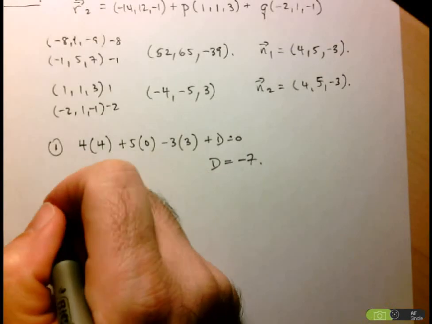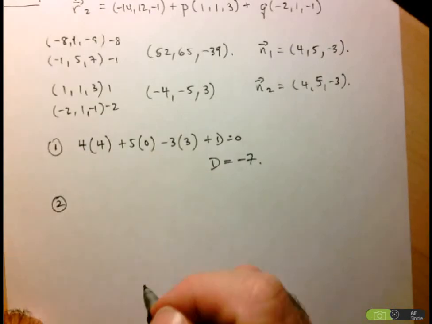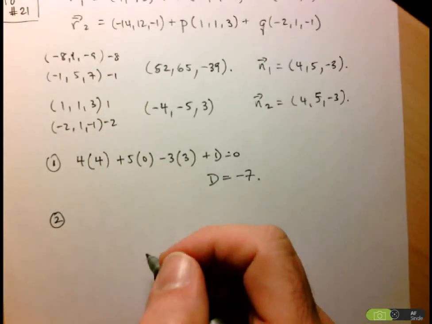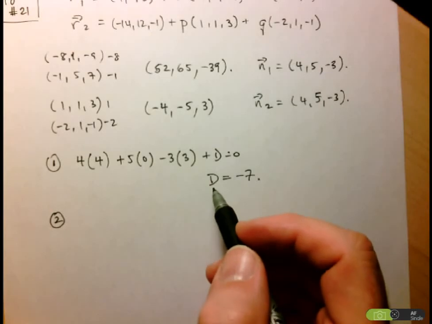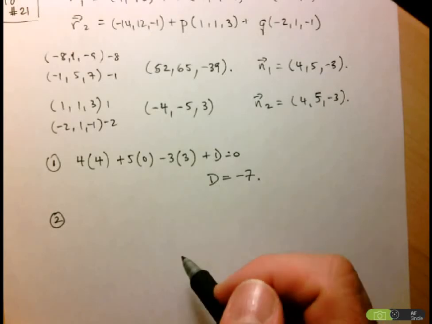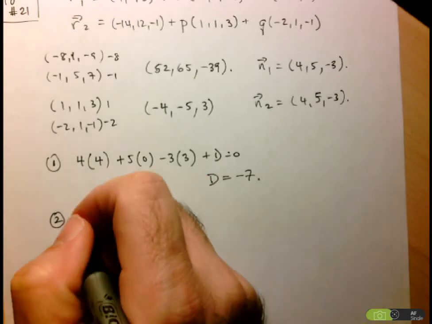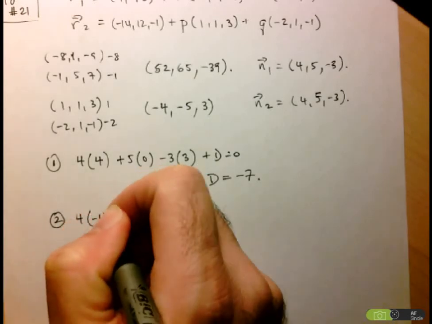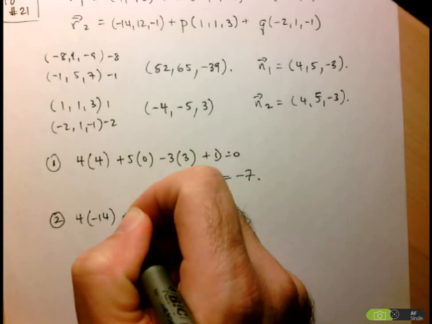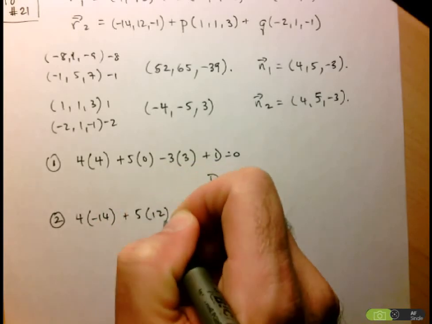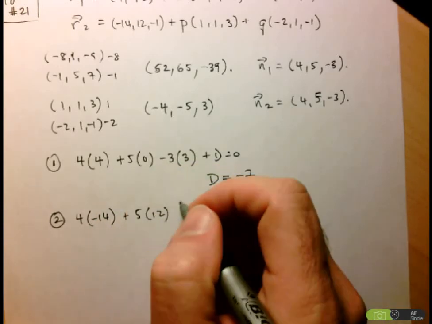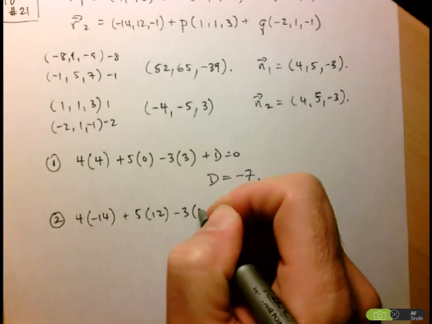Now we'll find the d value for the second plane. Since we use the same normal vector, if the d value is the same, we know they'll be coincident, and if the d value is different from -7, they'll be distinct. So here we'll take 4 times -14 plus 5 times 12, and then minus 3 times -1.